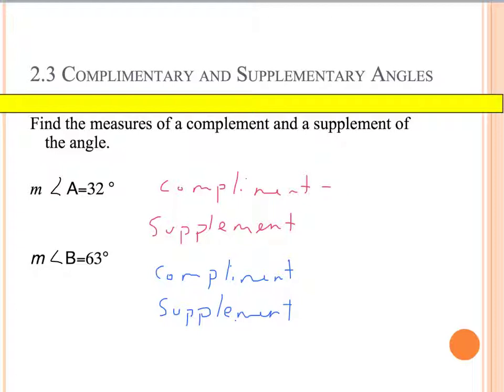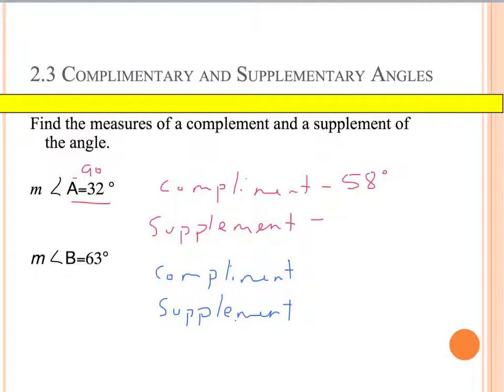So we take 90 minus 32, and we get a complement of 58 degrees. Because 58 and 32 add up to equal 90 degrees, those are complementary angles. Two angles adding up to equal 90 degrees. Complement, think 90. 90, think complement.